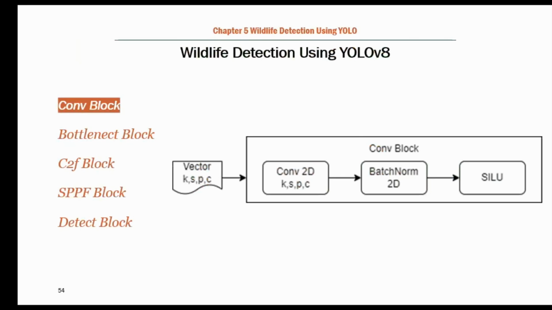Therefore, in my research, YOLO is selected to construct an efficient wildlife detection model for the detection of the key species. This model is made up of 5 types of blocks as shown in this slide.